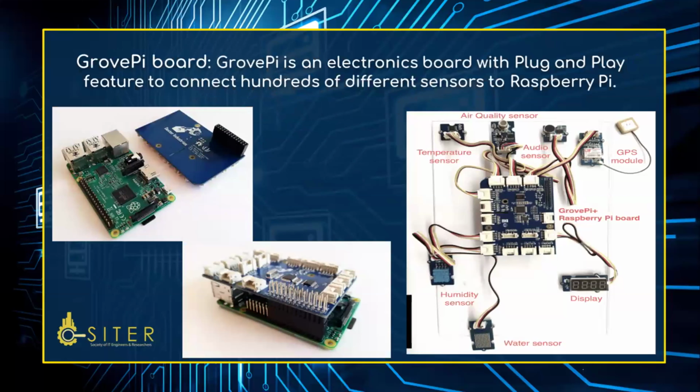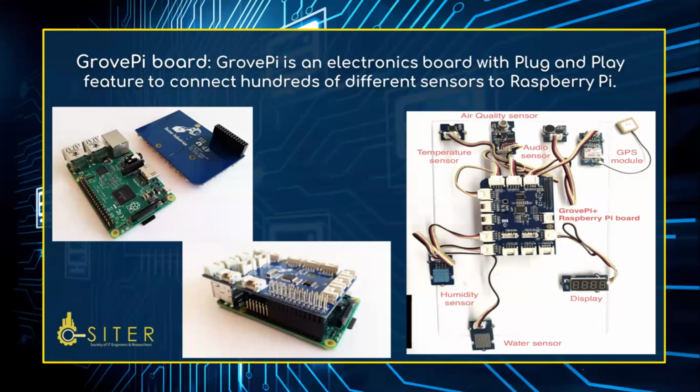And in today's world, the Grove Pi board is one of the leading electronic boards we are using in IoT, the Internet of Things. The main advantage of this one is that it is a plug-and-play system. This is also an electronic board, and it connects hundreds of different sensors. So how many sensors are we connecting?